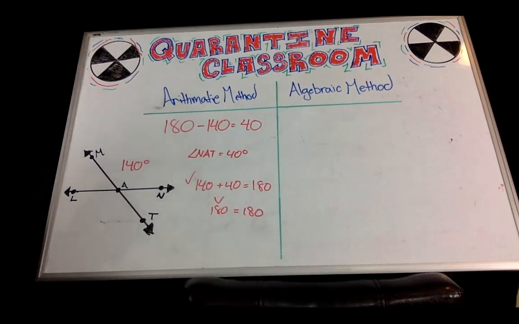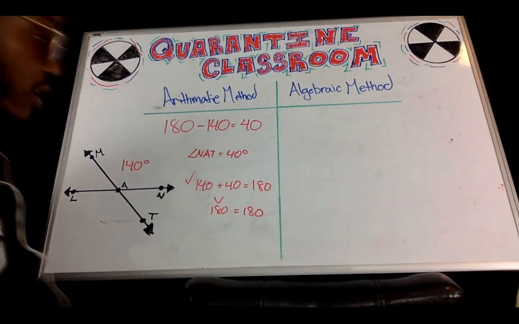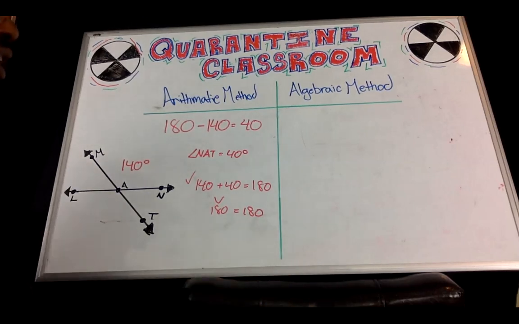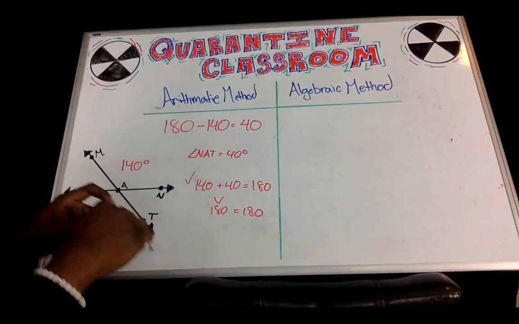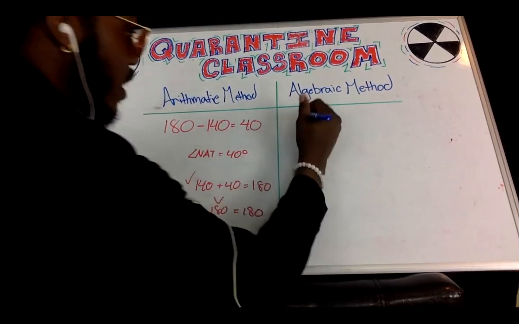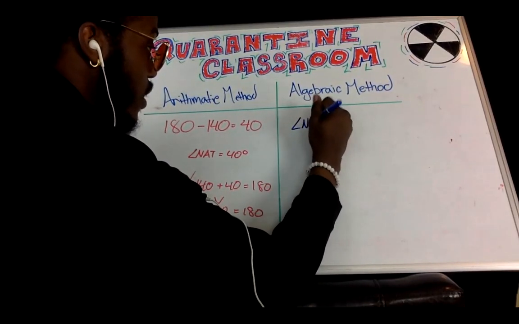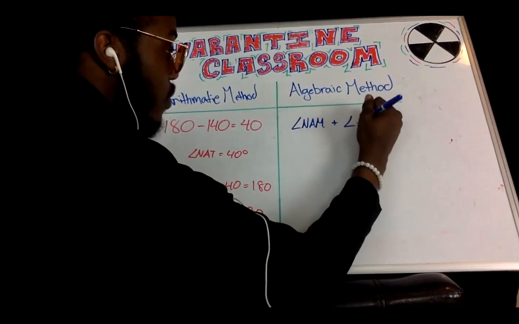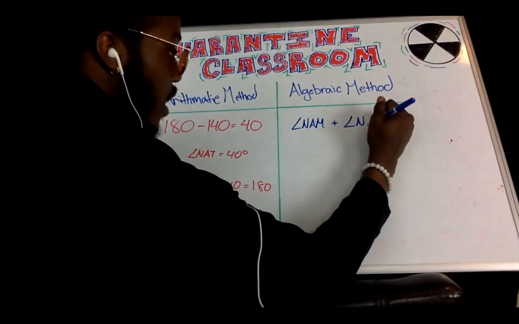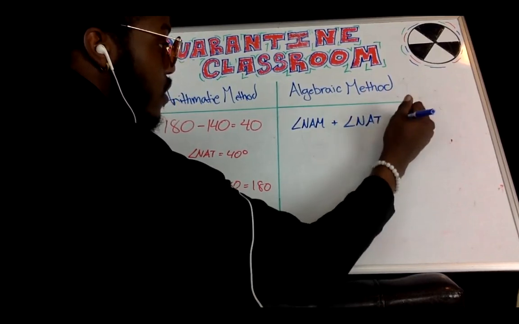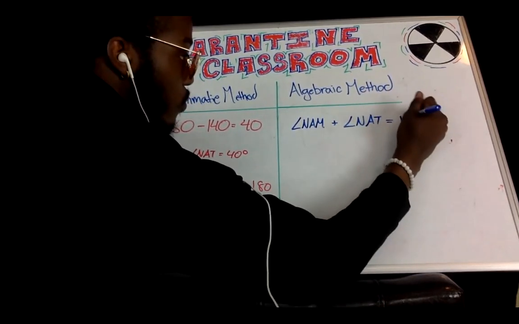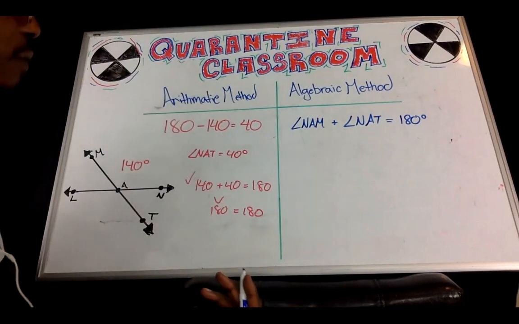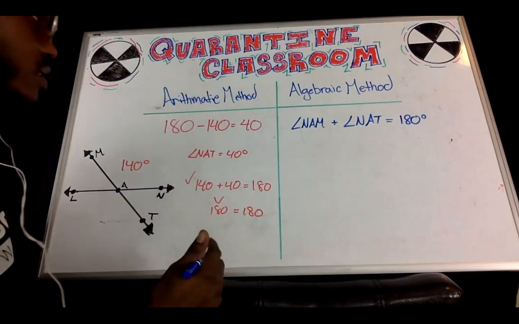The other way that we can do this is the algebraic method, which basically says to write up an equation that we can use to solve this. What we know about supplementary angles is that angle NAM plus angle NAT are going to equal 180 degrees. And then we just plug in the information that we do know and variables for the information that we don't know.